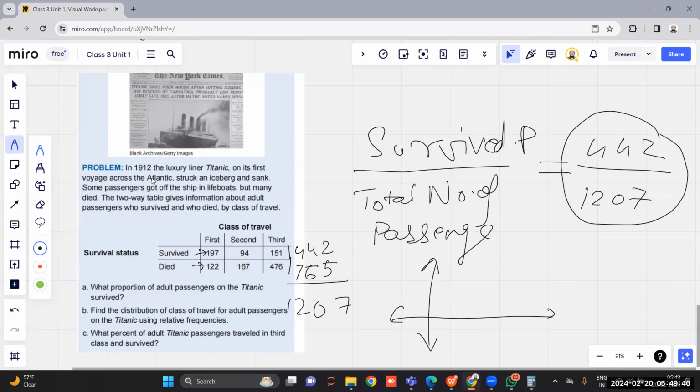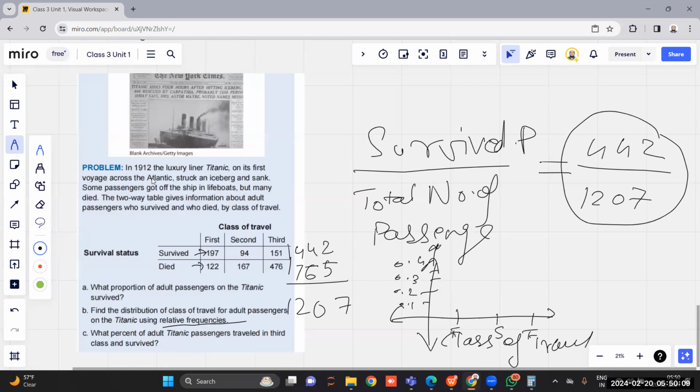On the axis, my categorical variable will come here: class of travel, with first class, second class, and third class, plotted using relative frequencies, RF. So it will be 0.1, 0.2, 0.3, and 0.4, likewise till one. I'm just giving you a rough idea. You have to do this exercise as homework.